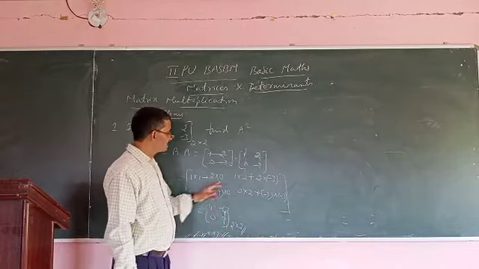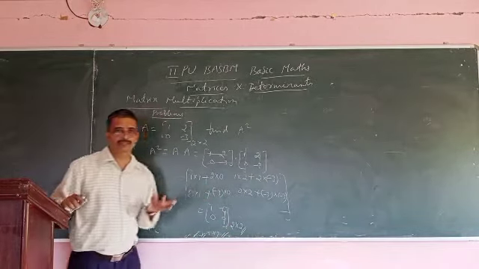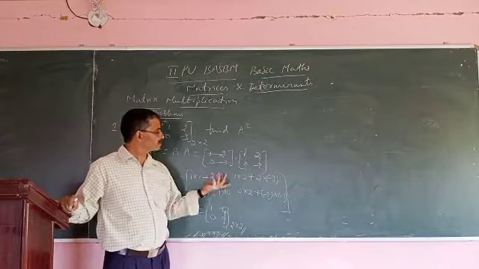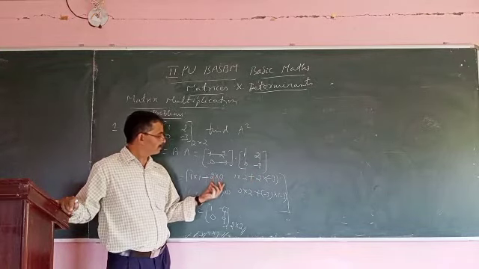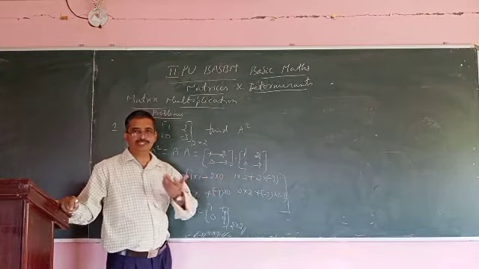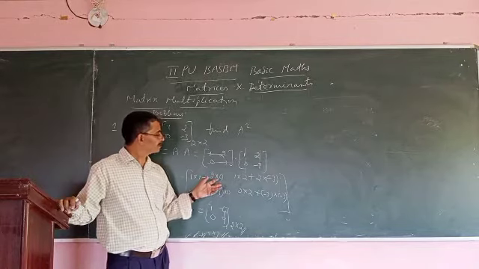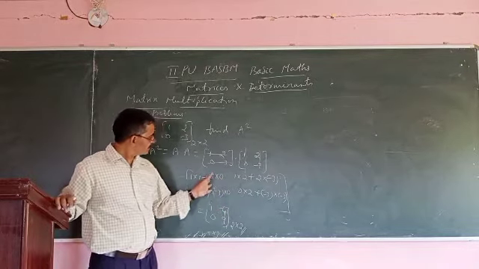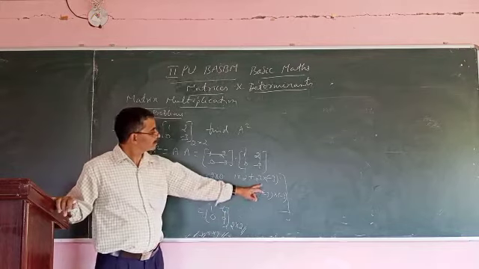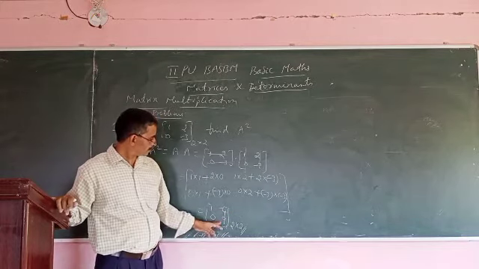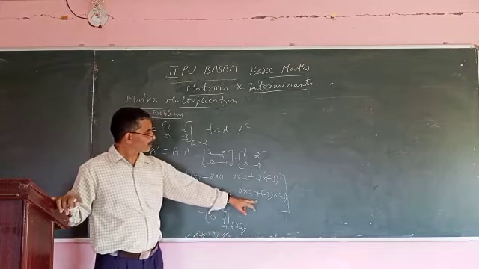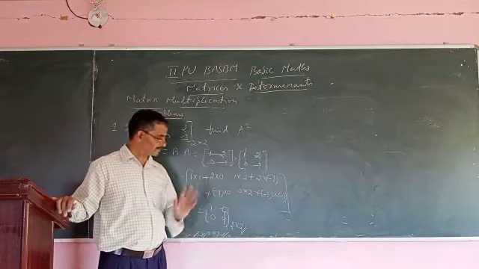For the simplification you can use a calculator. So this is 1, this is minus 4, the other one is 0, and the last one is plus 9.